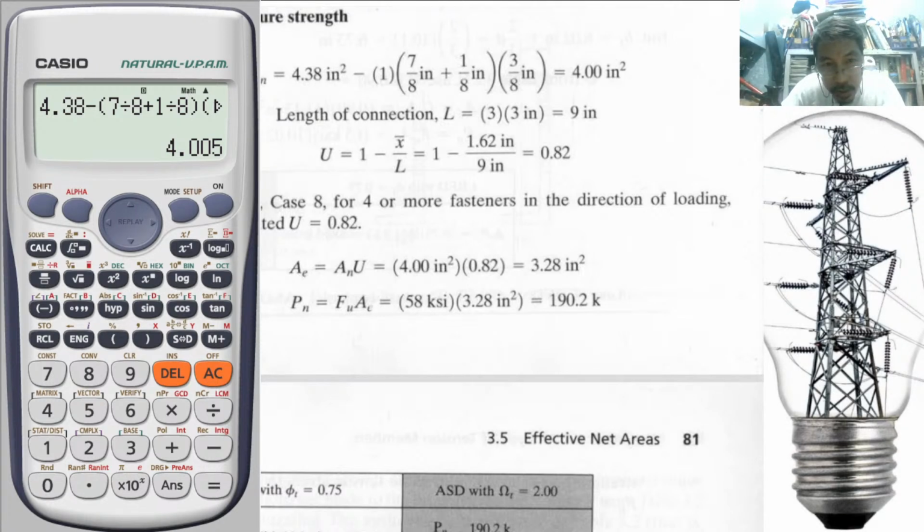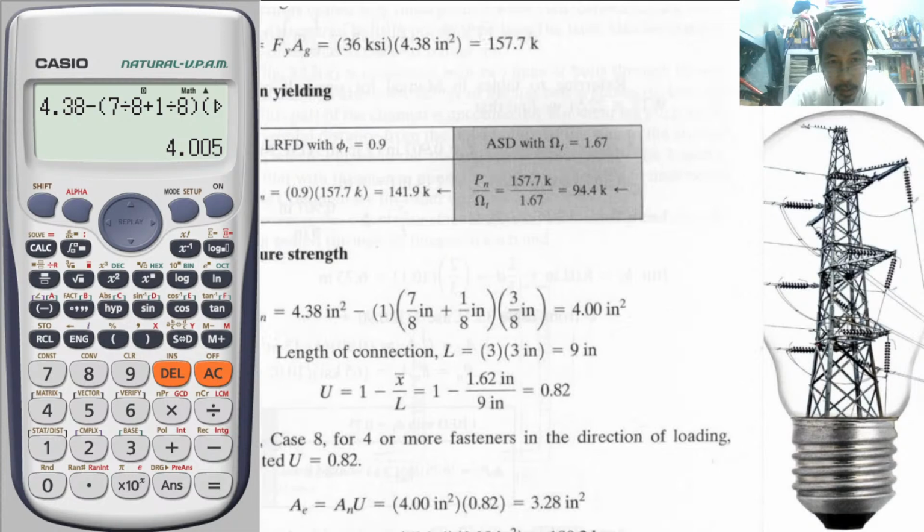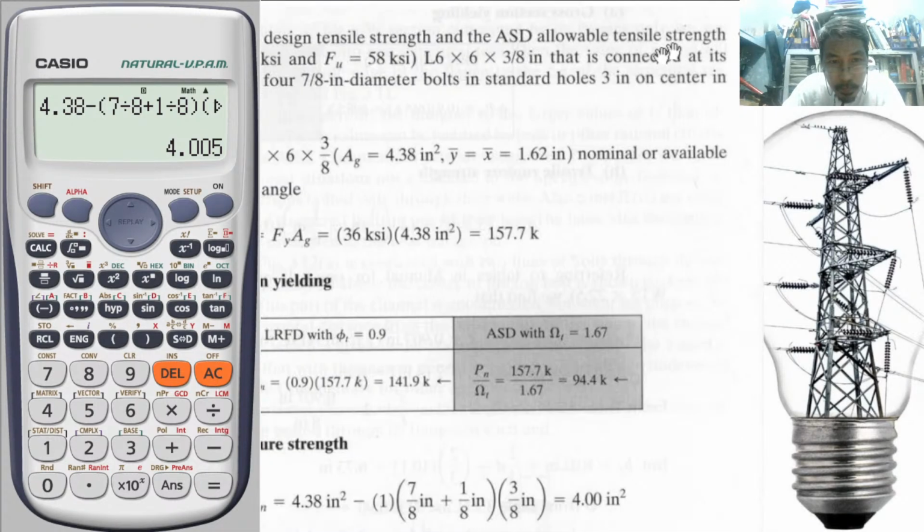Sir, where did you find out the bolt diameter? From the problem. Let us find out. From the problem, we are given the problem here. This is the bolt diameter. 4 7/8 inch diameter bolts. Okay, so 7/8 plus 1/8, that is 1. Okay, that's how we find all the given.